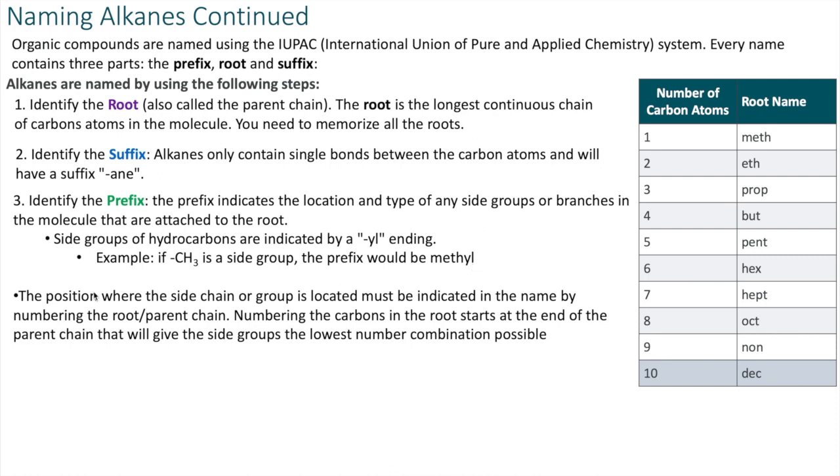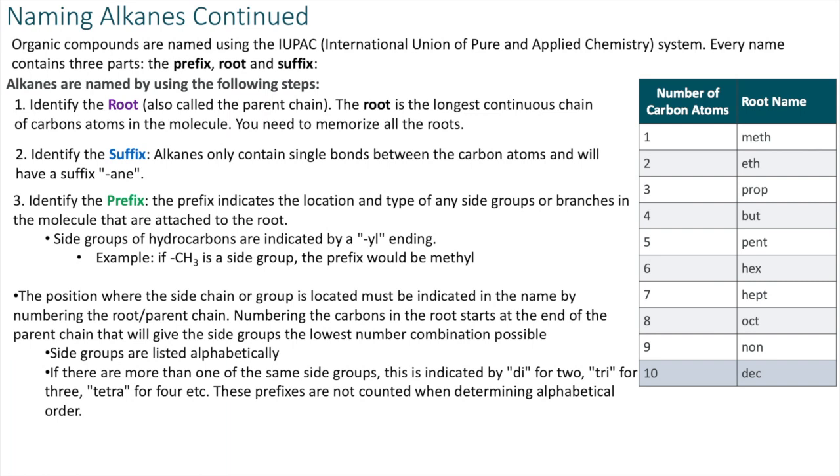The position where that side chain or group is located, we need to indicate by numbering the root or the parent chain. And what we want to do is number the carbons so that the side chains have the lowest number combination possible. The side groups are then listed alphabetically, and if there's more than one side group that is the same, we use the prefixes di for 2, tri for 3, tetra for 4.